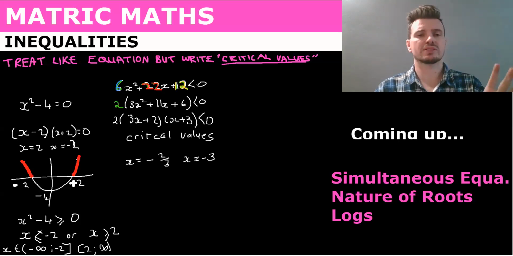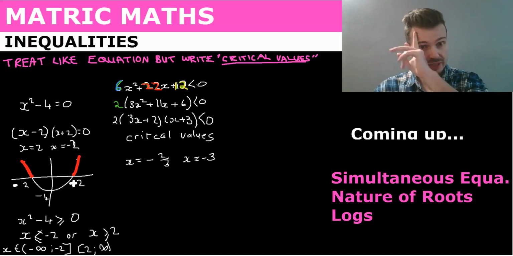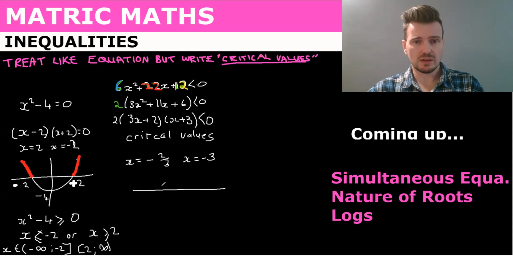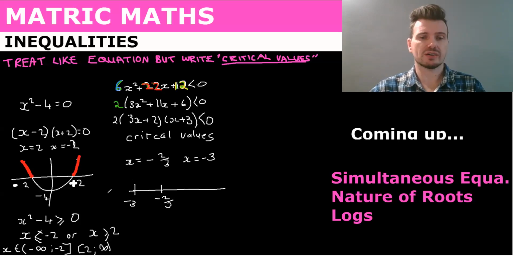Now there are two ways of doing this when you have to say which is greater than or equal to. One way is you can put it on a timeline like this, where you have your values negative 2 over 3 and negative 3. And you check on either side of those values by substituting in a value.